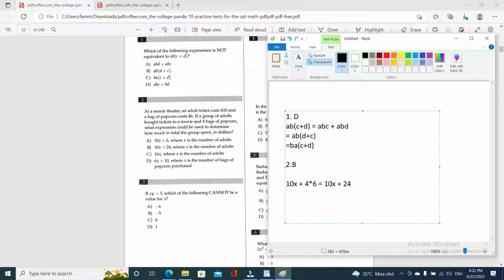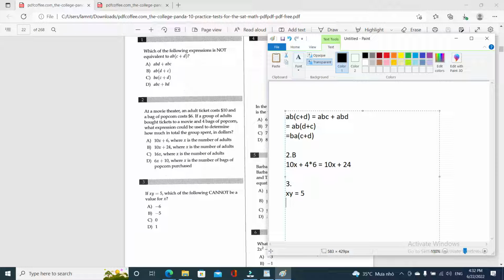Alright, number 3. xy equals 5. Which of the following cannot be a value for x?